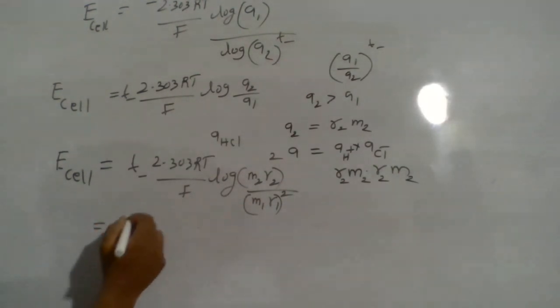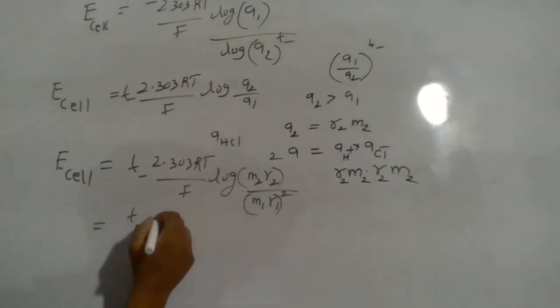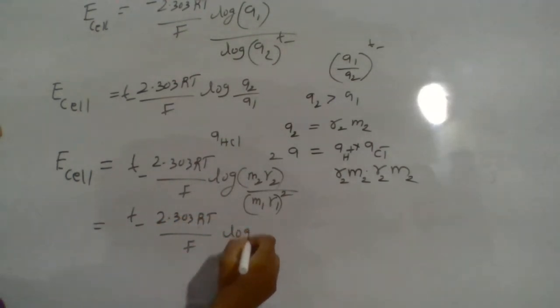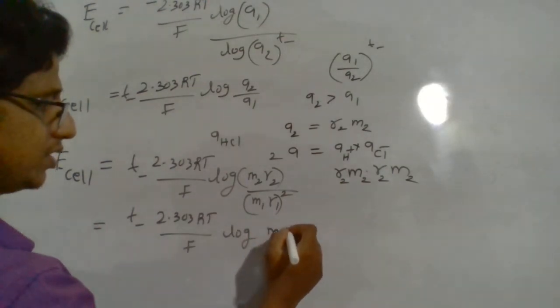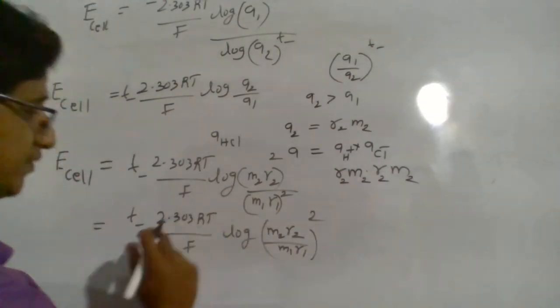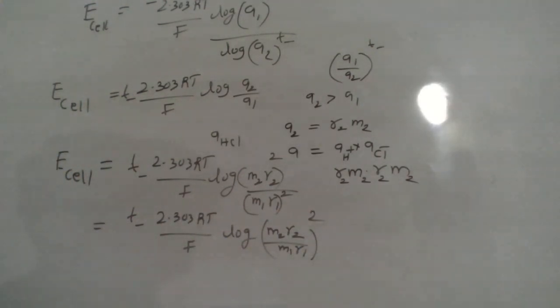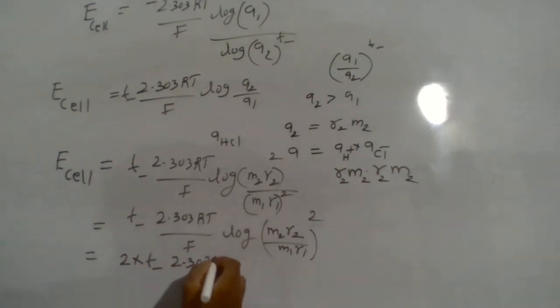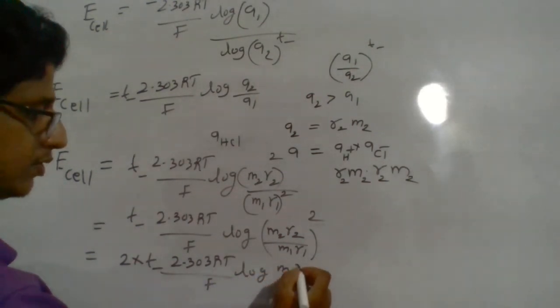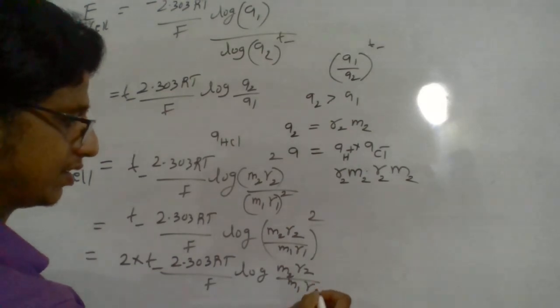So you can write t minus 2.303 RT by F log of M2 gamma 2 divided by M1 gamma 1 whole square. So 2 will come here. So the final equation you can write like this, 2 into t minus into 2.303 RT by F log M2 gamma 2 divided by M1 gamma 1.